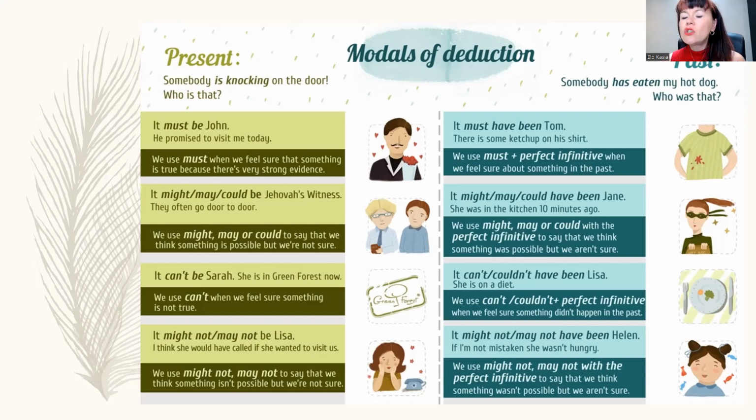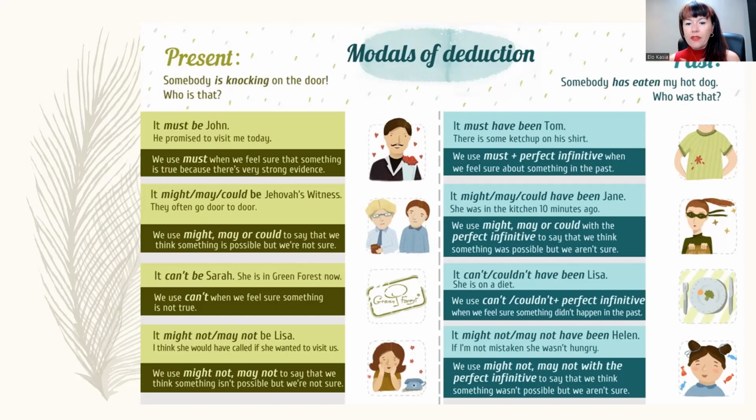So we use might, may, or could to say that we think something was possible, but we aren't sure. It can't have been Lisa because she's on a diet. So it can't have been Lisa, or it couldn't have been Lisa. We use can't, couldn't when we feel sure something didn't happen in the past.